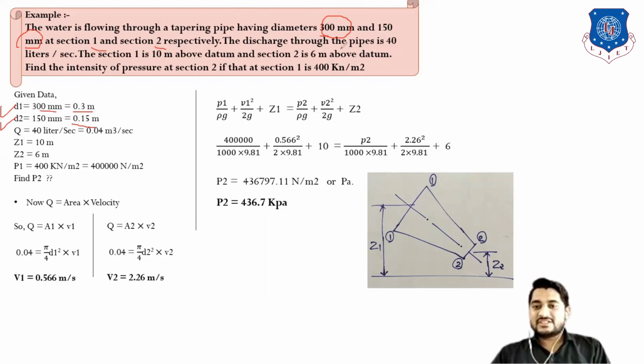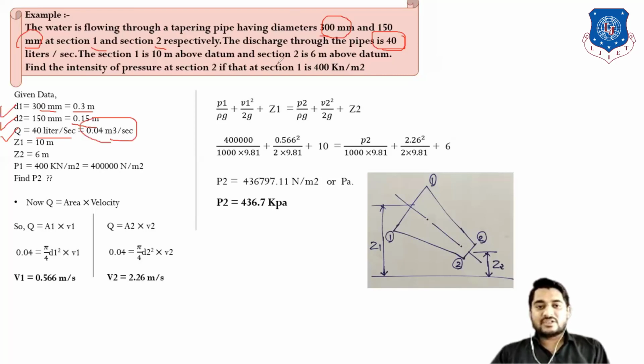Now the discharge throughout the pipe is 40 liter per second. So discharge Q is equal to 40 liter per second. But as we have derived discharge equation, SI unit is meter cube per second. So we have to convert liter to meter cube. So divide by 1000. So 0.04 meter cube per second.